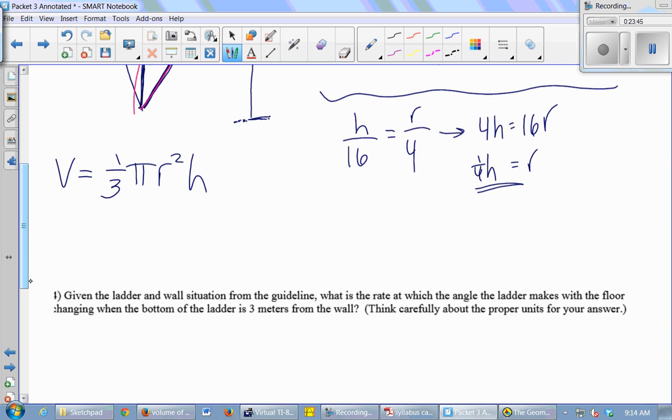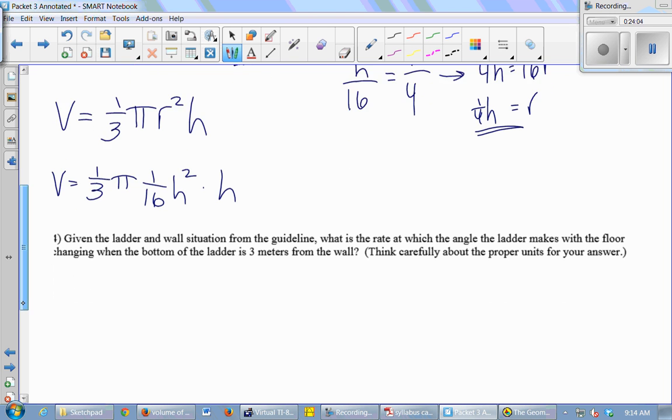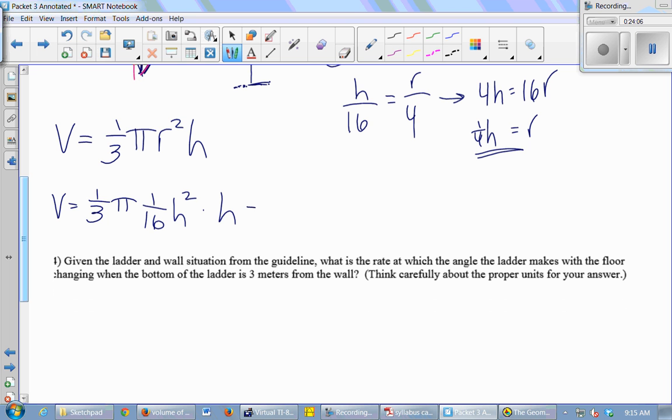So then I come over here and replace my r. Volume is 1/3 times pi times 1/16 h squared times h. And then I could simplify that. 16 times 3 is what, 48? Yeah, 48. So volume is h cubed times pi over 48.